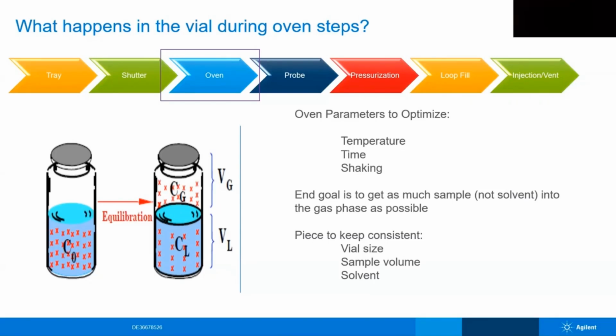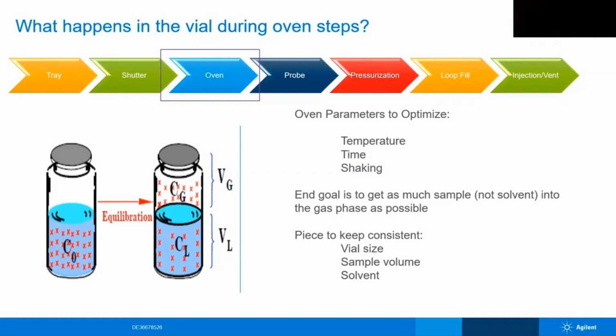We need to optimize how long that vial sits in the oven. And in some cases, we need to agitate this vial to disrupt hydrogen bonds or other principal bonds in the sample to force that equilibration. Our end goal here is to move as much of our sample, but not necessarily the solvent, into the headspace so that we can optimize our detection limits.